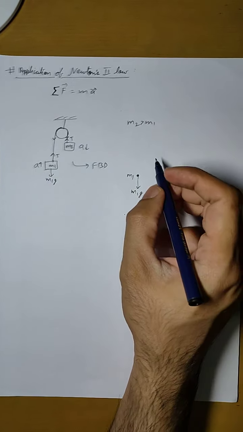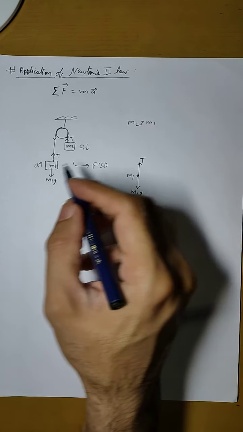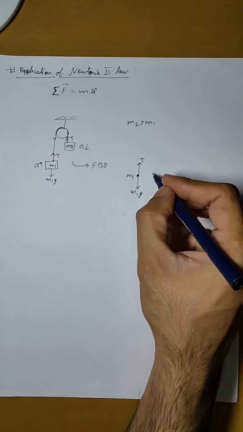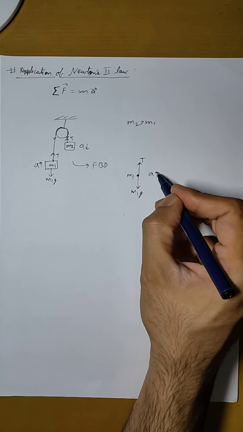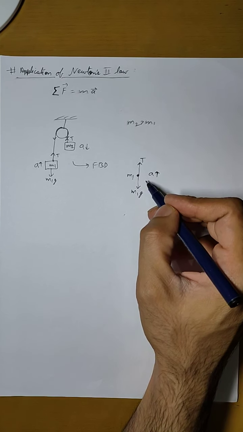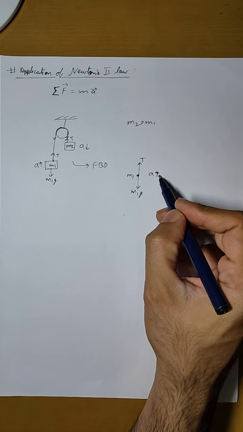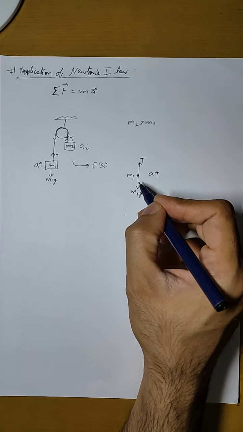There is tension in the upward direction, so this will be T, and the movement of m1 is in the upward direction. From now on, for such questions with free body diagrams, we are also going to specify the value of acceleration and its direction. It will help us in making equations. So this is the free body diagram of m1.